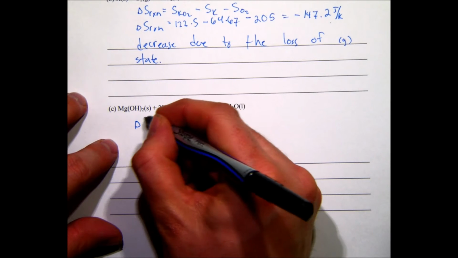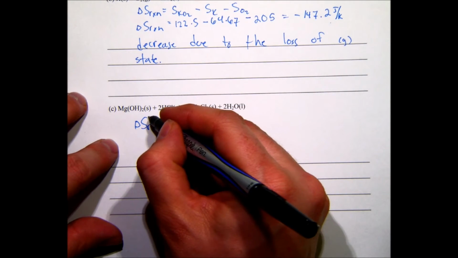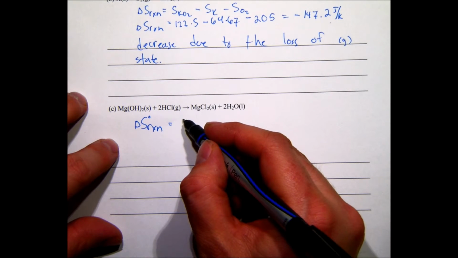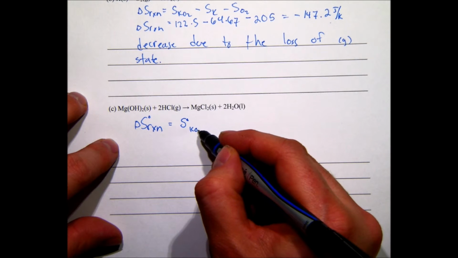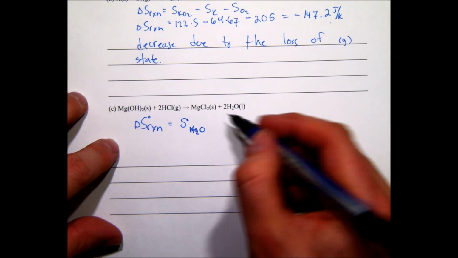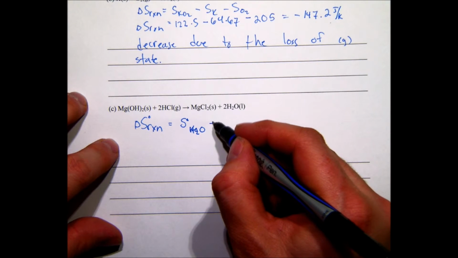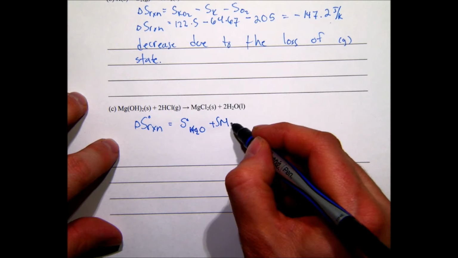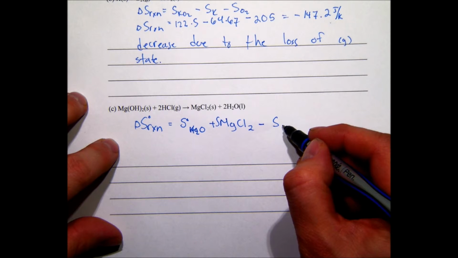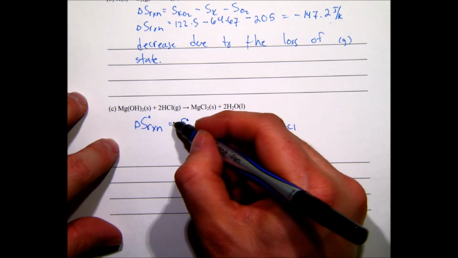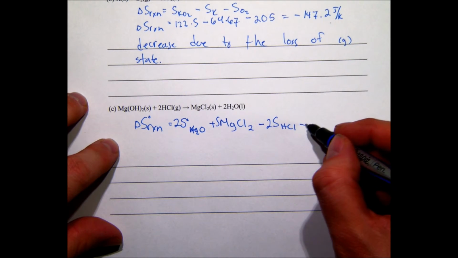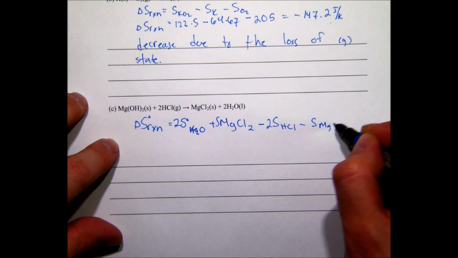So we do the same calculation: delta S of reaction is equal to the standard state of H2O plus the standard state of magnesium chloride, minus the standard state of HCl, with coefficients 2, 1, 2, minus the standard state of magnesium hydroxide.